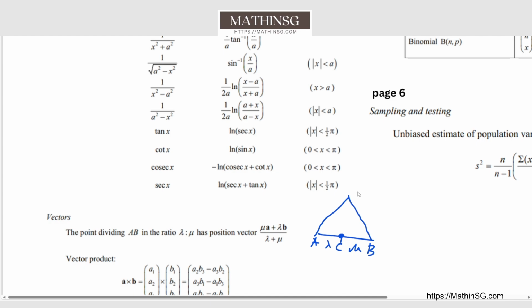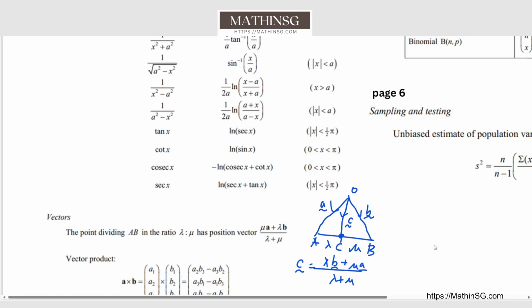Maybe this one, let me call it O. This is A, this is B, then this is C. Then C is equal to lambda times B plus mu times A over lambda plus mu.